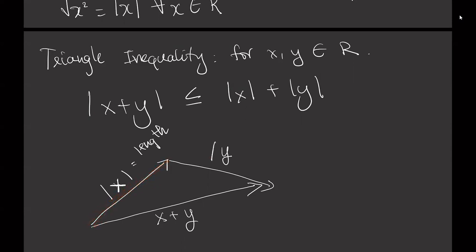And the absolute value of y represents the length of this vector, which is the length of this line as well. Similarly, the absolute value of x plus y represents the length of this line. And you know, in a triangle, if you pick any one edge, then it's always smaller than or equal to the sum of the other edges. So if you add the length of this line and the length of this line together, it's always greater than or equal to the length of this line. So that's how it got the name triangle inequality.